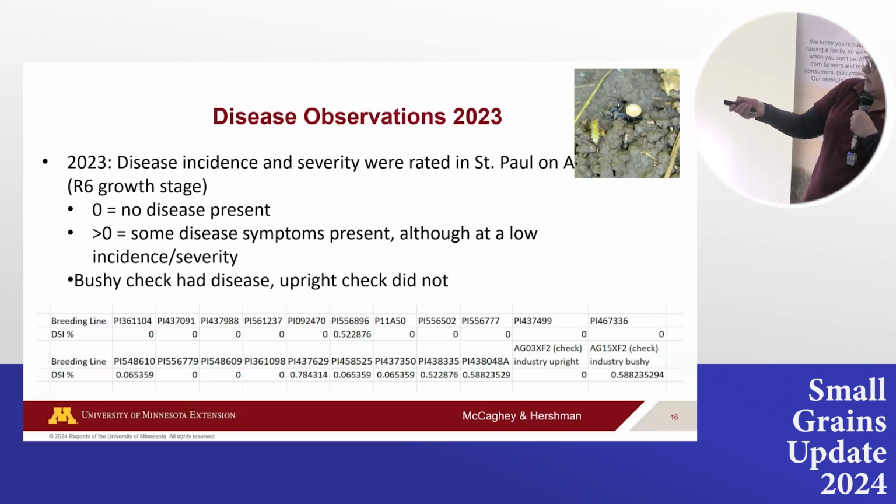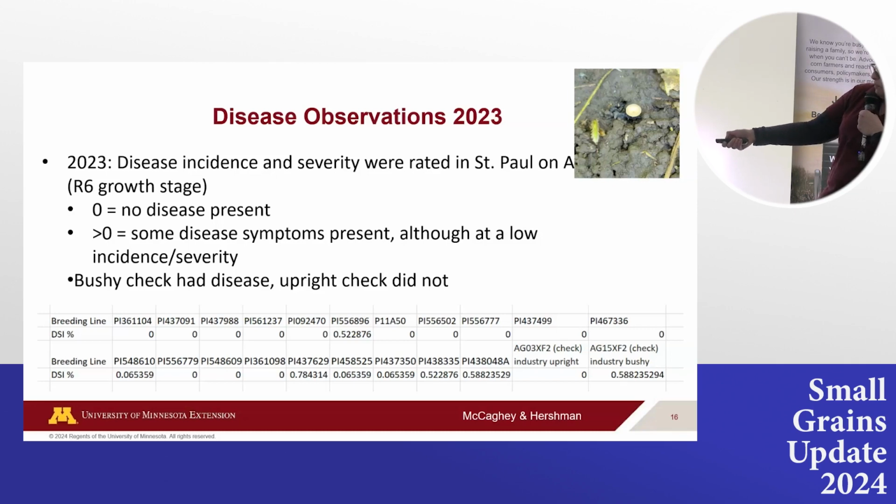And they combine that into something called a disease severity index. And so any of these different lines here with a 0, that means that there was no disease. Anything with a value above 0 means that there was disease.